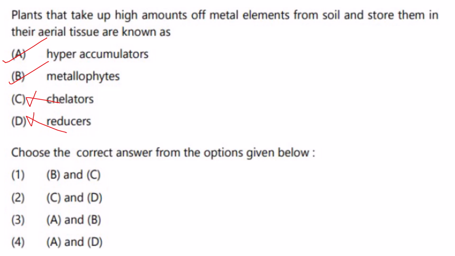Metallophytes are plants that survive in soil rich in heavy metals, and hyperaccumulators are a type or group of metallophytes that accumulate high concentrations of metal in their tissues without showing any signs of toxicity. So A and B both are right, making option 3 the right answer.